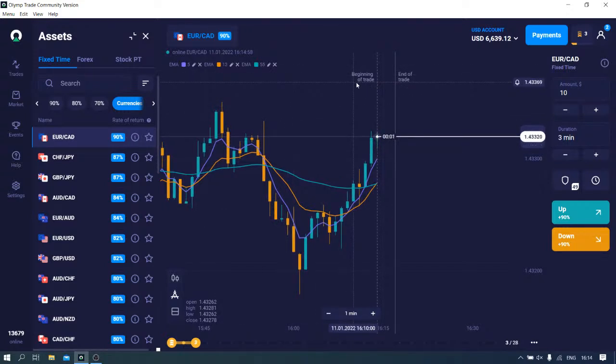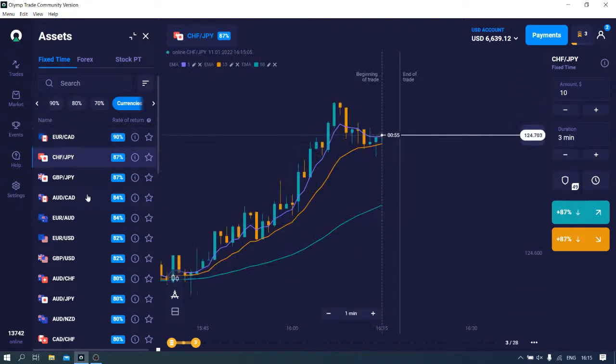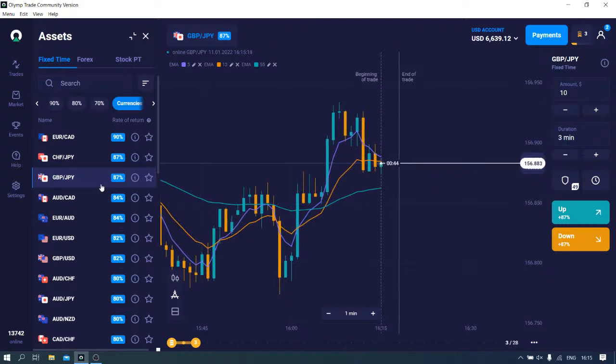All right. Okay, let's proceed to other currency pairs. In my trading, I usually prefer to trade on currencies. I'm not saying that they are the best. However, this is my state of mind.